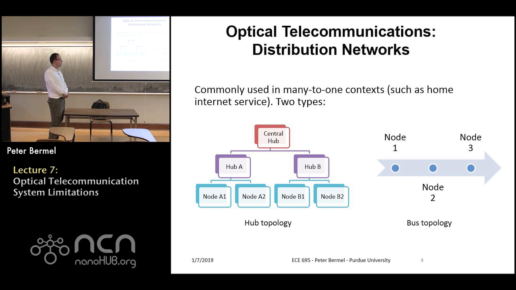So in principle, it's very simple, and for a small number of users, it works well. But as you can imagine, if you have millions of users on a single bus, it becomes a tremendous amount of overhead. So this latter bus topology is not really scalable to a tremendous number of users, whereas the hub is better if you have a large number of users, as long as they don't need to go the other way.